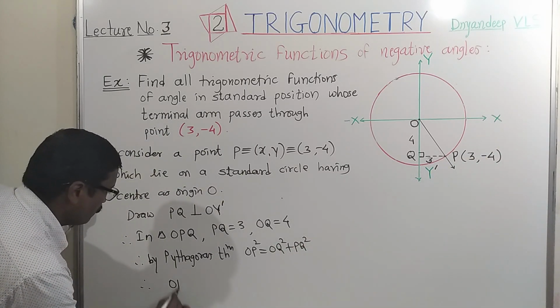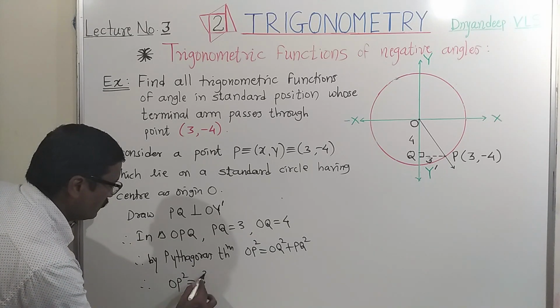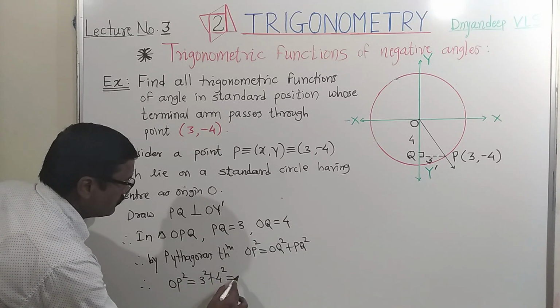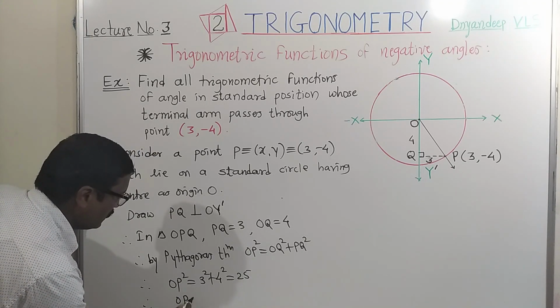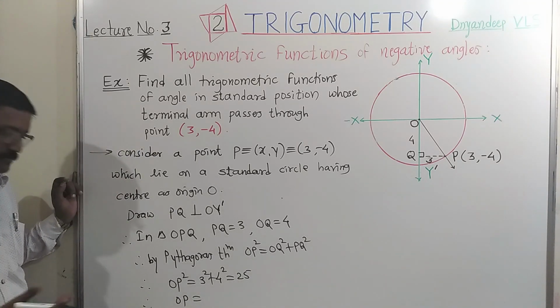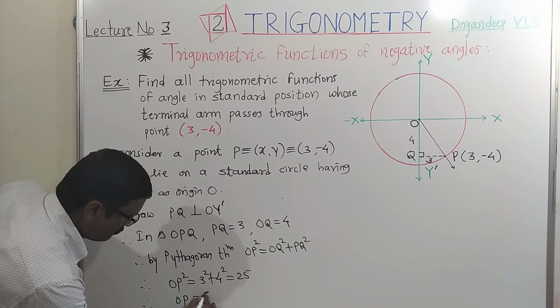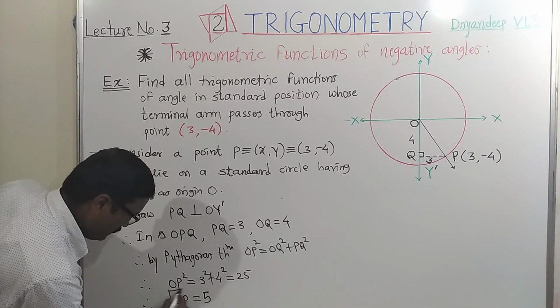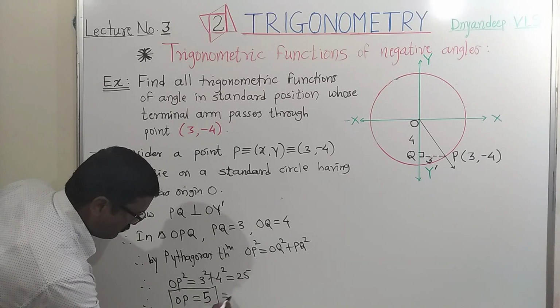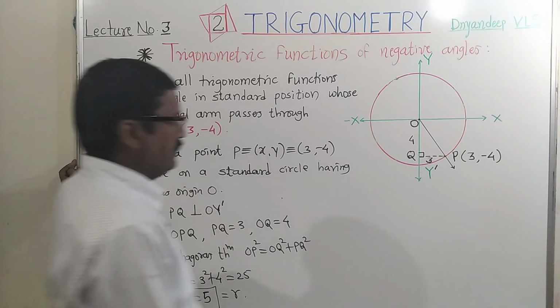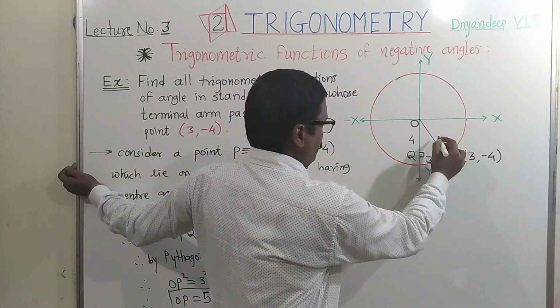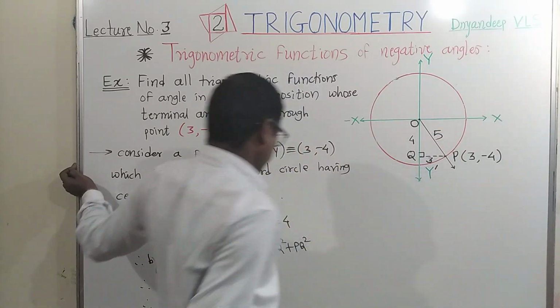Therefore, OP square is equal to 3 square plus 4 square, that is equal to 25. Therefore, as OP is a radius of the circle, it is always positive. So OP is equal to 5. That is the radius R of the circle. So here the radius of the circle R, that is OP, is equal to 5.